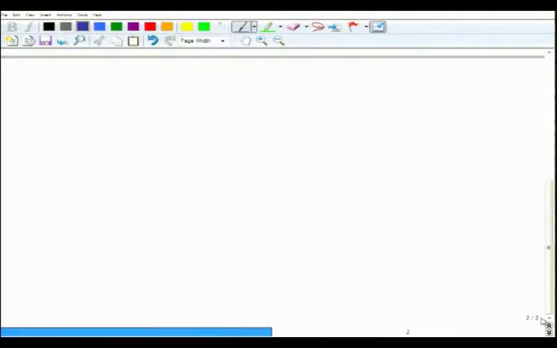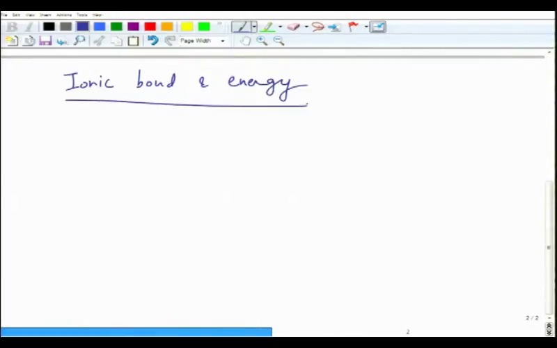So, what we were discussing in the last class is about the ionic bond and its energy. Because eventually this is what determines whether your solid is going to be stable or not.